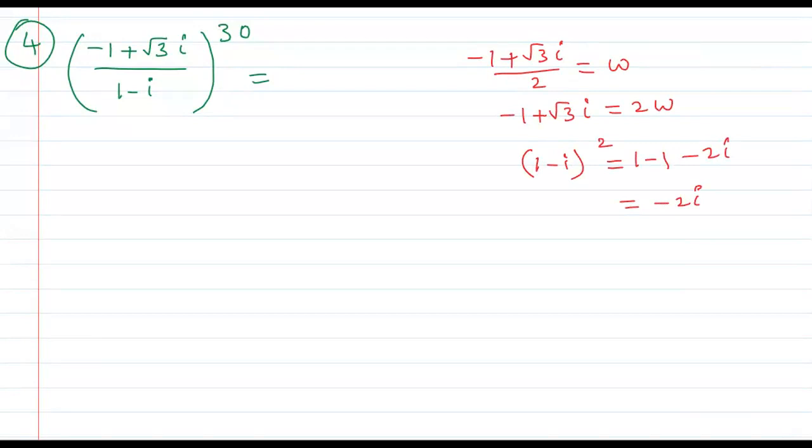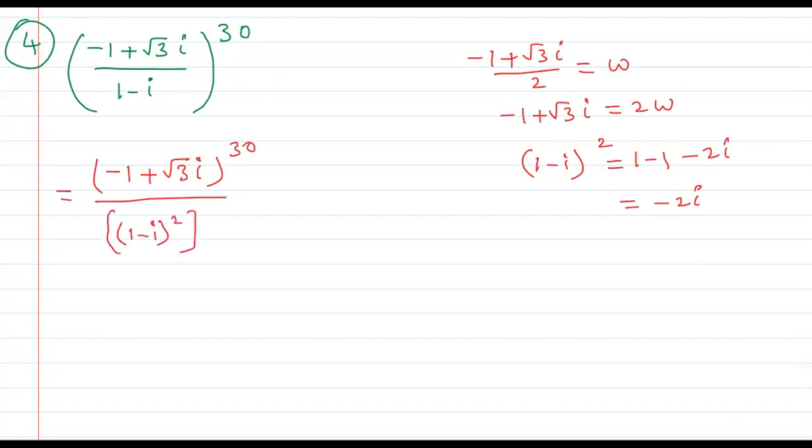Now solve this, an easy problem. (-1 plus √3i) whole power 30 in the numerator, but in the denominator (1 minus i) whole square whole power 15. Now substitute here: (2 omega) whole power 30 divided by (minus 2i) whole power 15. 15 is an odd number.